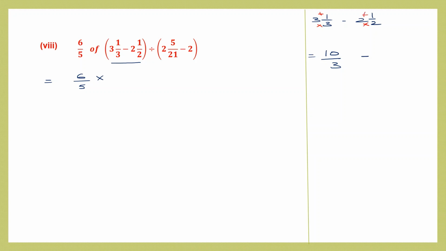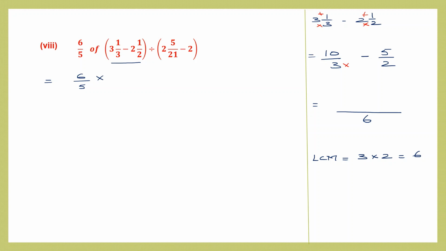So that is 5 by 2. Now here we have to find the LCM of 3 and 2. Now 3 and 2 are both prime numbers, and the LCM of prime numbers is the product of those two numbers. That means we just multiply 3 into 2 and we get 6. So the LCM is 6. So let's write 6 as the common denominator.